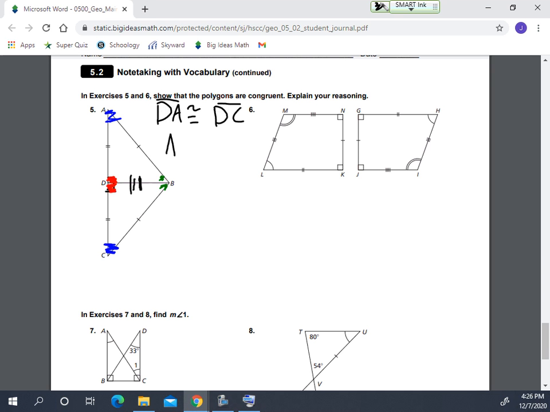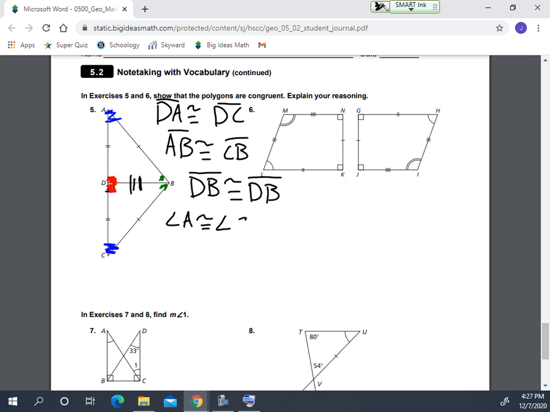And we know that AB is congruent to CB, sorry. And we know that DB is congruent to DB. We also know that angle A is congruent to angle C. We know that angle ADB is congruent to angle CDB.